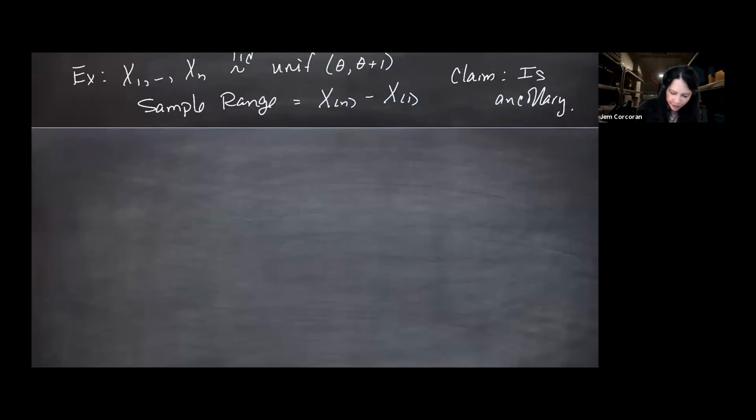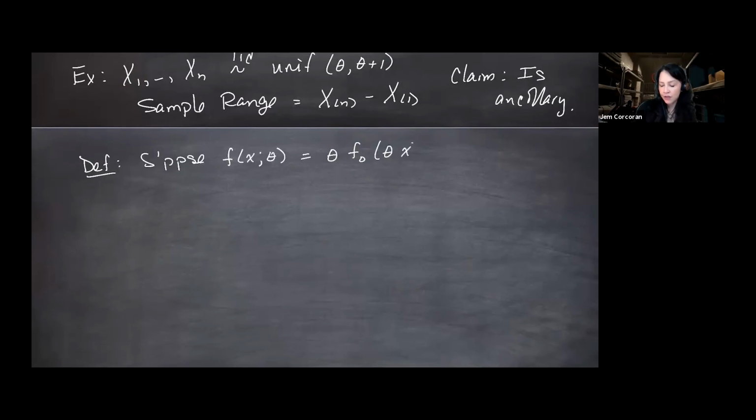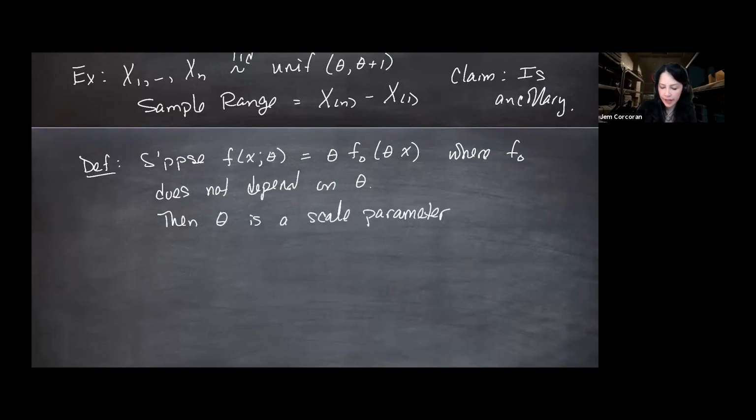So a couple of definitions for you. Suppose that your PDF for whatever model you're looking at is a function of x and theta, and suppose this can be written as theta times some f naught of theta x, where f naught does not depend on theta. If your PDF can be written this way, we call theta a scale parameter, which is what I'm trying to define here.